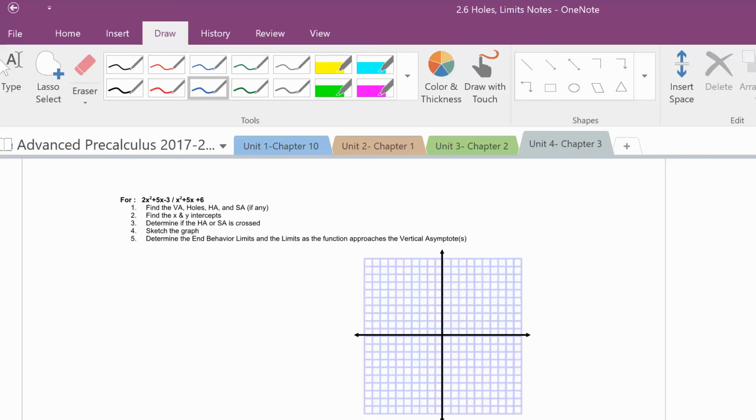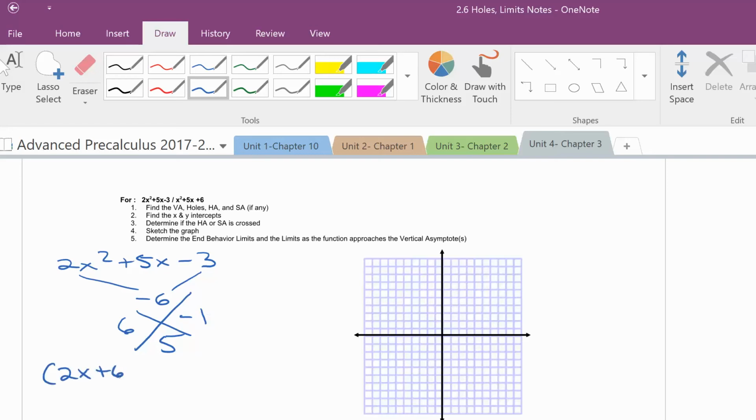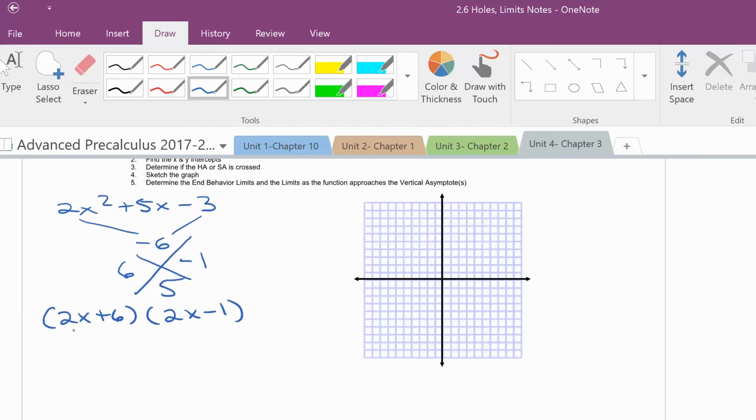Remember, factoring. So 2x squared plus 5x minus 3, factors of negative 6 which add to 5 are positive 6 and negative 1. So you can make it 2x plus 6 and 2x minus 1, which means you're going to divide by the common factor, which means x plus 3 times 2x minus 1.